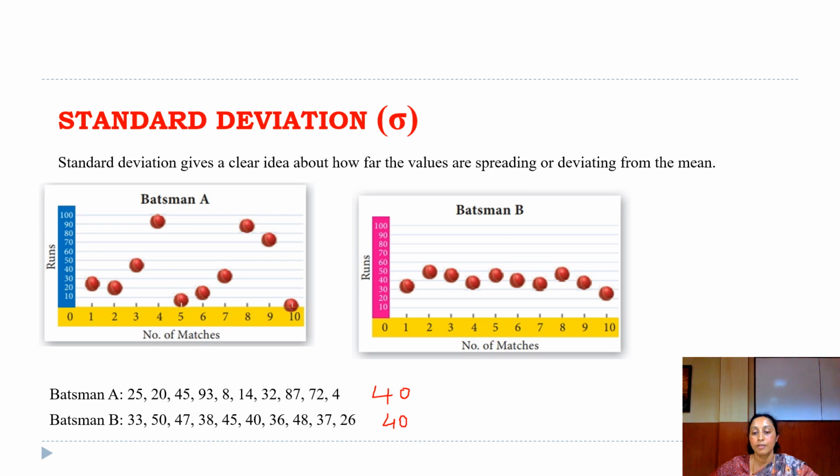In this graph, we can see that the runs scored by batsman B are scattered around the average, whereas the runs scored by batsman A vary from 0 to 100. This is not distributed near the mean. Hence, standard deviation gives a clear idea about how far the values are spreading or deviating from the mean.